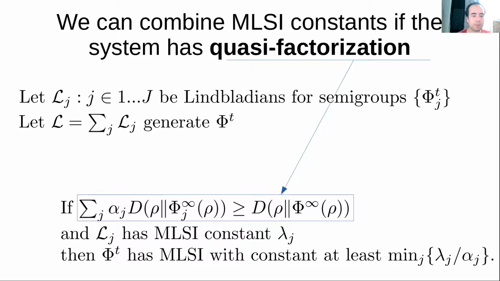So for quantum Markov semigroups, if we combine some of these by adding up the generators, it turns out that if a certain relative entropy inequality holds with respect to the fixed point subalgebras, then we can combine the decay rates for the individual Lindbladians to get a decay bound on the joint Lindbladian.